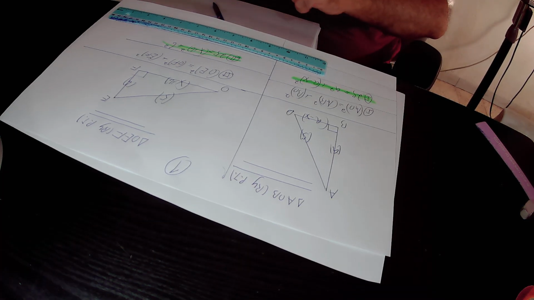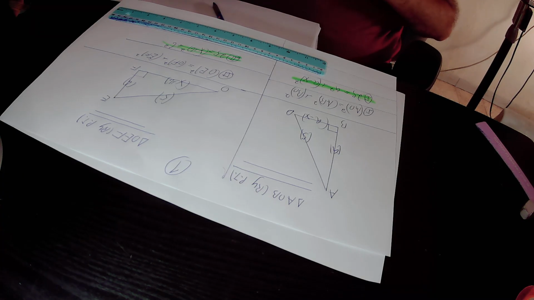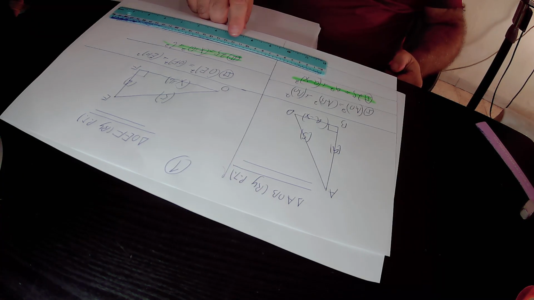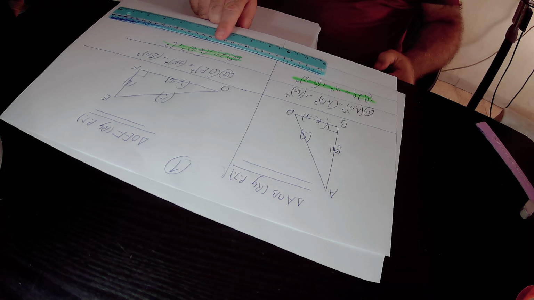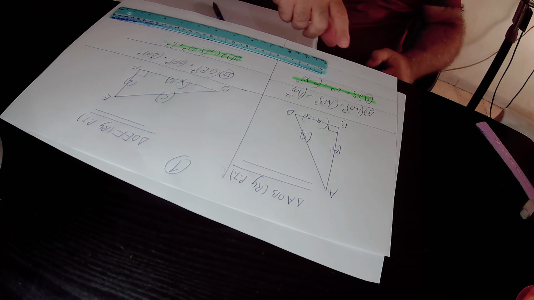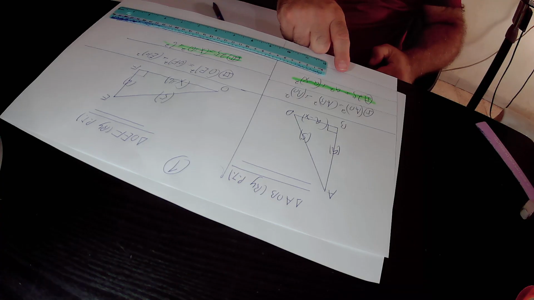So in the next step, we have, according to equation 2, 25 equals (X plus B) squared plus B squared, while according to equation 1, 25 equals A squared plus (A minus X) squared.